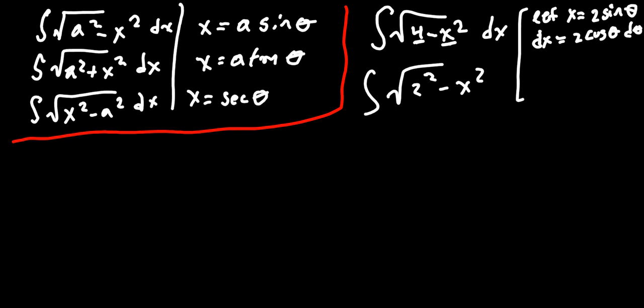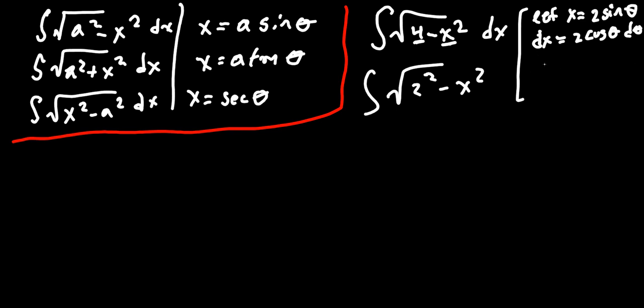And then we just move everything over. We get d theta equals secant theta over 2 dx. Okay, hold on a moment. Actually, I didn't need to do that. Don't worry about that. dx equals that.